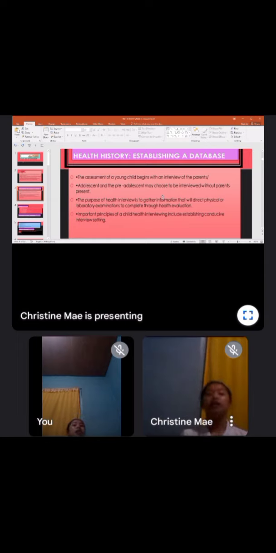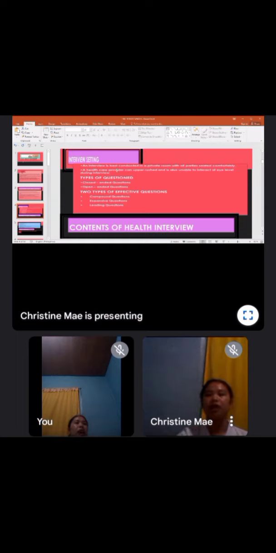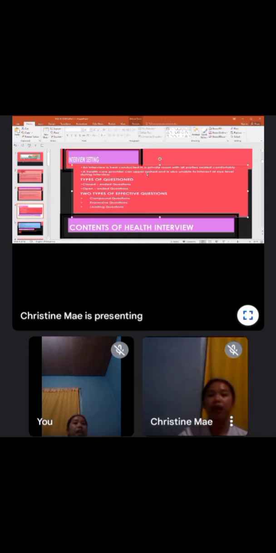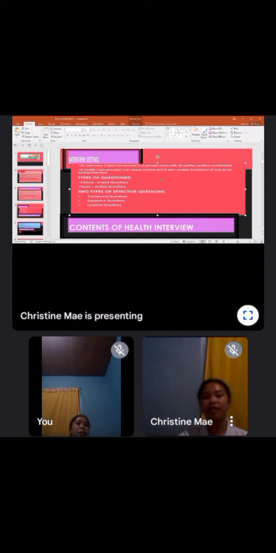The next is important principles of child health interviewing, which includes establishing a conducive interview setting. So unsa man ni? In interview setting, I know na nakabalo na mo ani, na discuss na ni Sir Mark or ni Miss Love, the way ta mag-interview or mag-conduct og interviews sa ka-patients. An interview is best conducted in a private room with all parties seated comfortably.